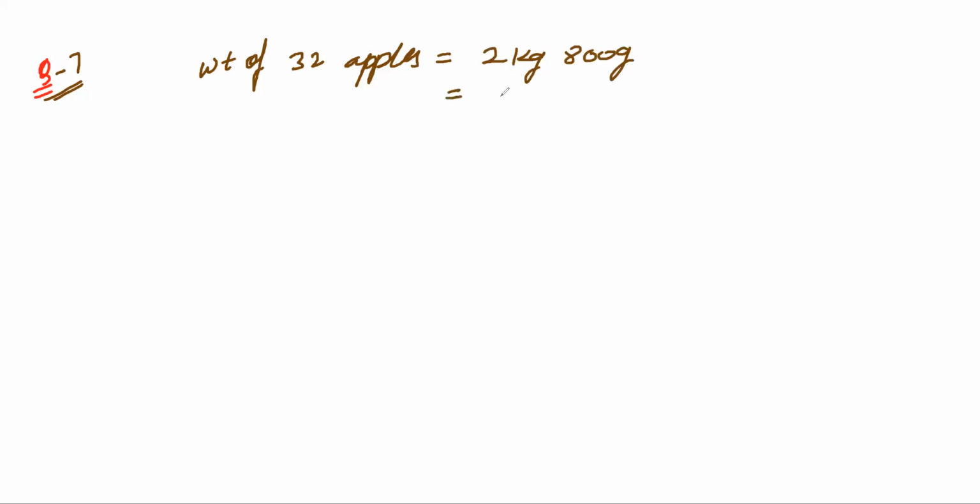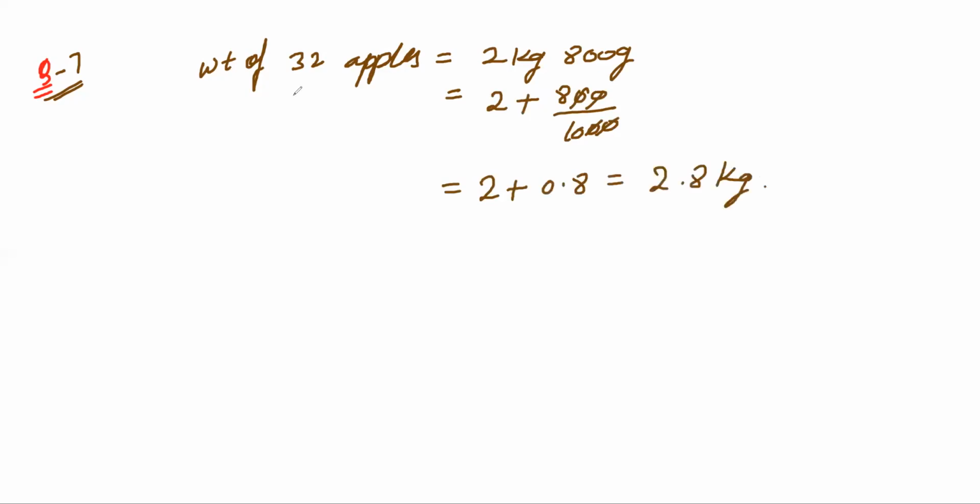We can convert it into kilogram only. Don't convert it into gram, but convert it into kilogram. So 2 plus 800 divided by 1000, which is 2 plus 0.8, which means 2.8 kilogram. So 32 apples weigh 2.8 kilogram.